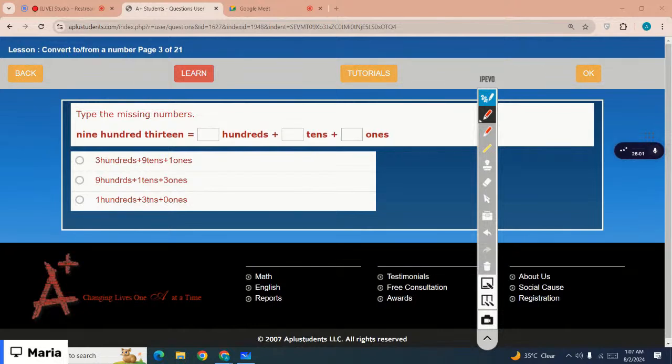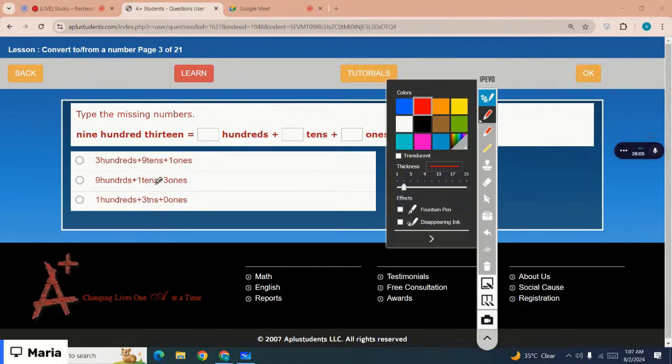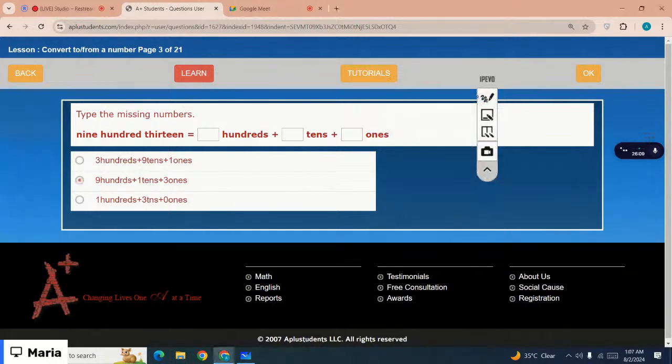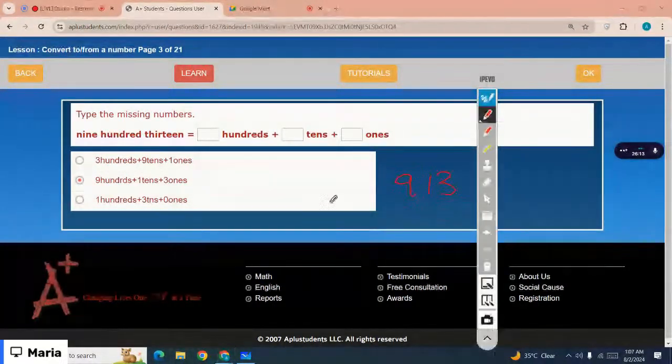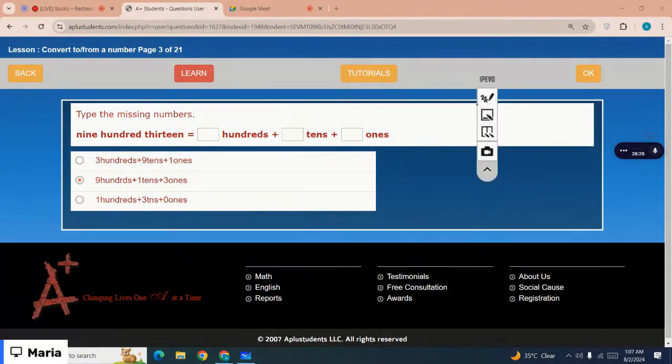Option number 2 is the correct option: 900s, 1 tens, and 3 ones. So 913 you can actually write like this, right? You have 3 ones, 1 tens, and 900s. Got it? So the correct option is option number 2. Got it, everyone? Is there any question you can ask if you have any, right?